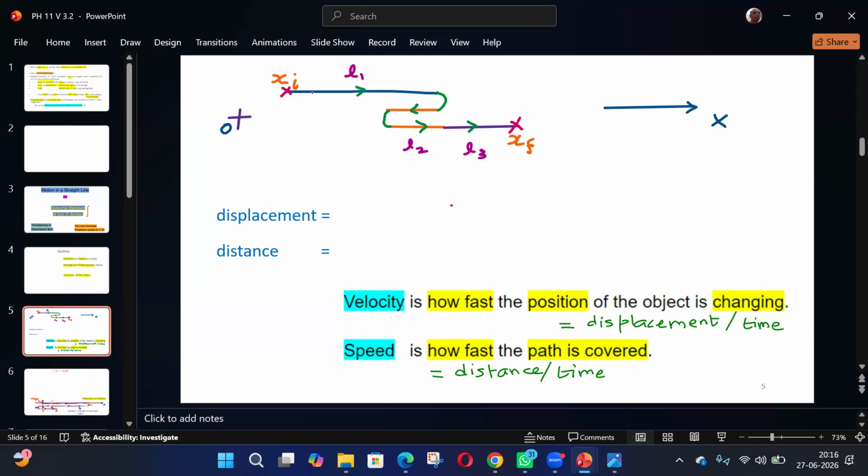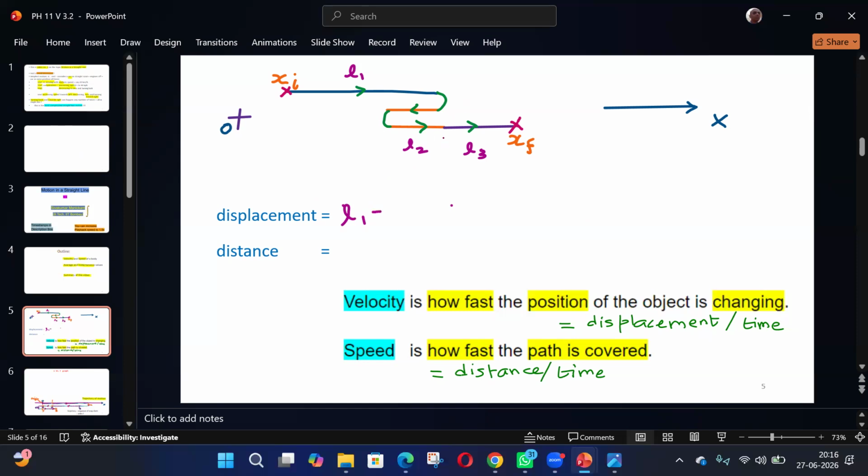I'm starting from this initial point, xi. Traveling distance L1, then turning back, traveling distance L2, then turning back, and then from this point to the final point is L3. So from this initial point I to the final point F, what is the displacement? Displacement is L1 minus L2 plus L3.